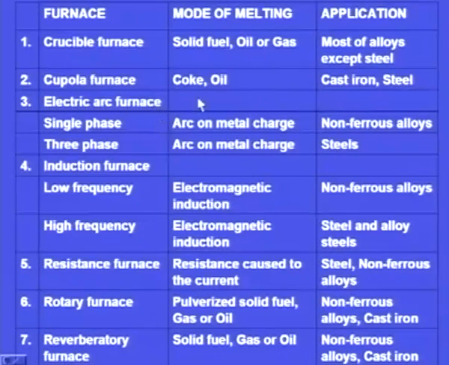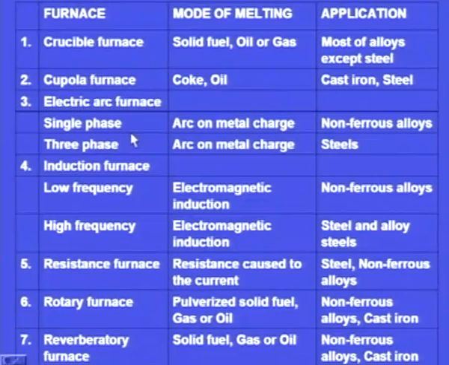Coming to the cupola furnace, the mode of melting is by burning coke. Nowadays even oil is used to operate a cupola furnace, and its application is for melting cast iron and steel. And we have learnt electric arc furnace, and there are two types.